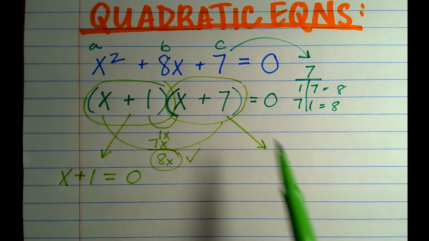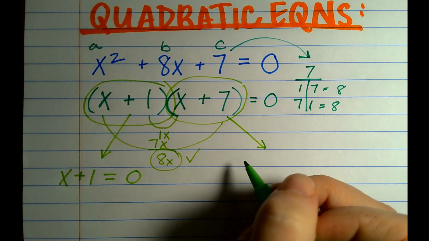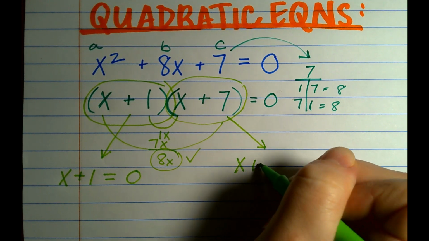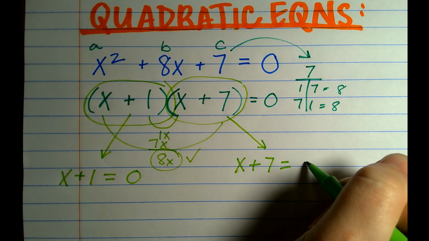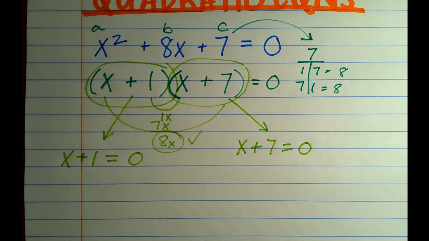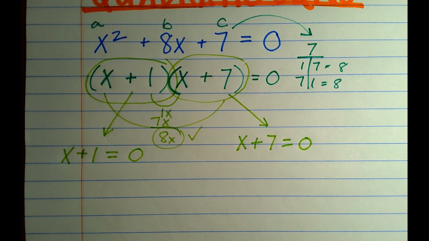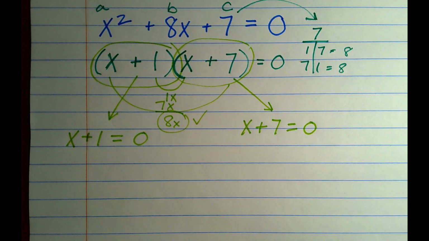The second one will be what? Good, x plus 7 equals 0. And the great thing about quadratic expressions is, for the most part, and at least until I tell you different, it's always going to be equal to 0. Always. Okay, so I have my two equations written.